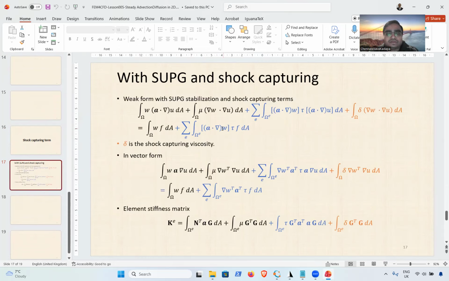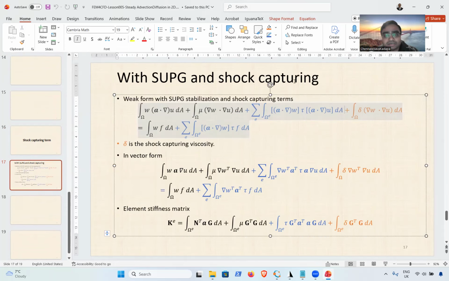Here I'm not going into the details, but this is just a brief look at the shock capturing term. This shock capturing term is similar to the diffusion term, as you can compare here. This is our original diffusion term in the weak form, and this is the shock capturing term.